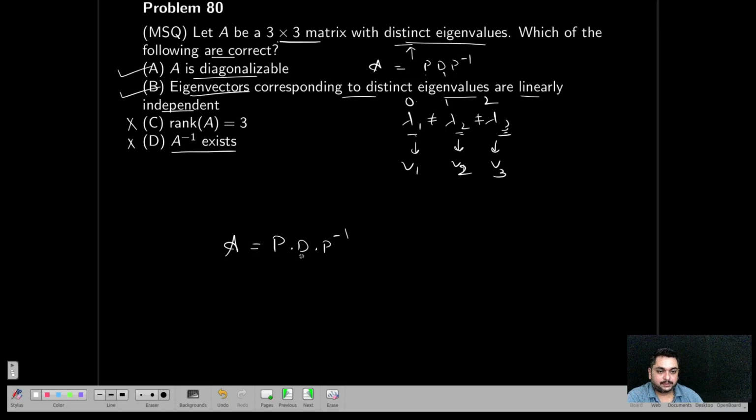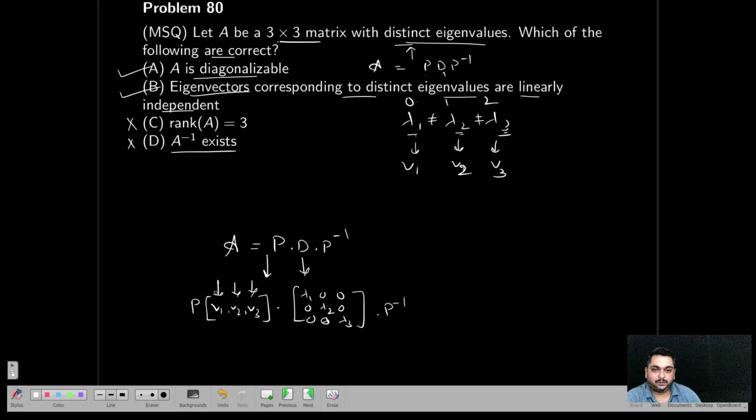Now D is the diagonal matrix formed from lambda 1, lambda 2, lambda 3, only the eigenvalues of the matrix. How will you form P? P has 3 columns, meaning 3 vectors V1, V2, V3. So for this example, I need 3 vectors to form this matrix P, and P inverse of this. If all eigenvalues are distinct, then definitely I will get 3 linearly independent vectors.